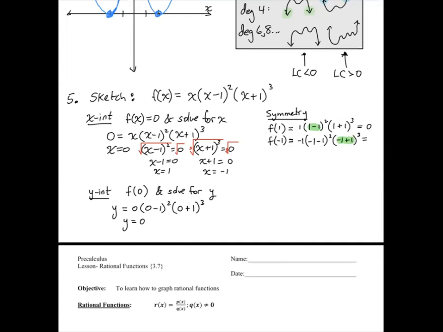Now, that in and of itself isn't bad. The problem is the values I chose for my symmetry test happen to be the roots of the function, right? So just because the roots are symmetrical doesn't mean the entire function will be symmetrical, all right?